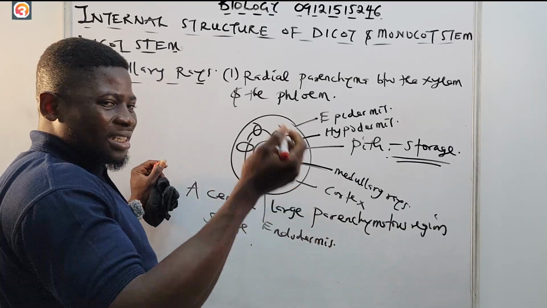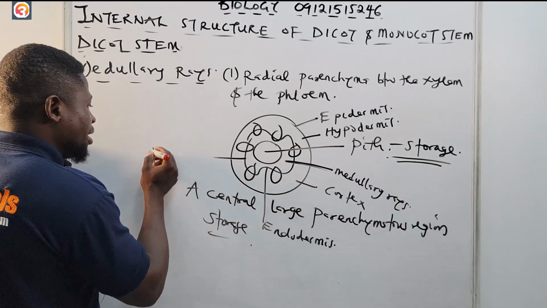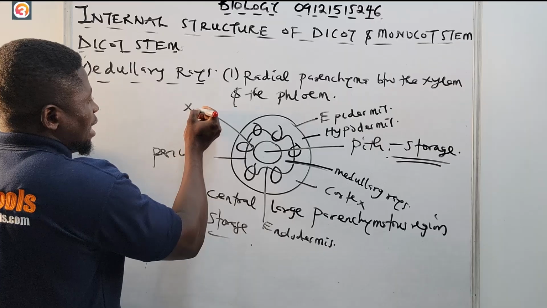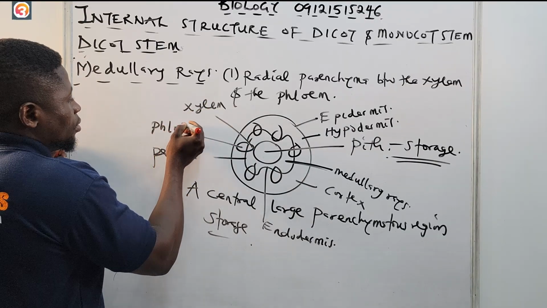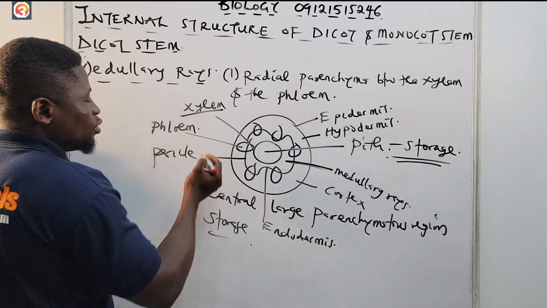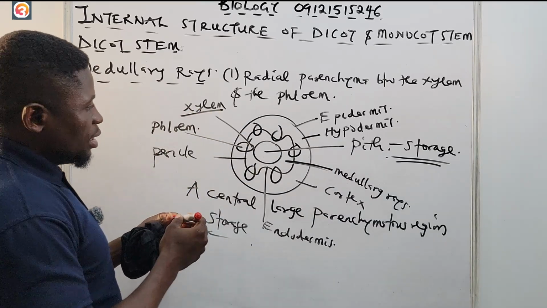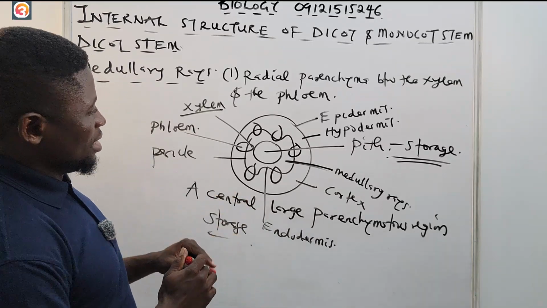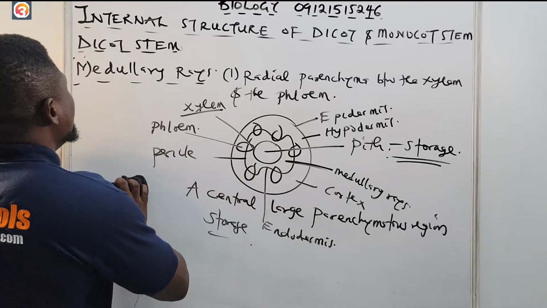Because the pericycle is located inside the endodermis, somewhere here will be the pericycle. We already know the pith. Here is the xylem, and this outer one is the phloem. That is why the xylem lies inside while the phloem is outside. We also talked about the medullary rays and many other parts. So this is a dicot stem. Now, without wasting much time, let's go to a monocot stem.